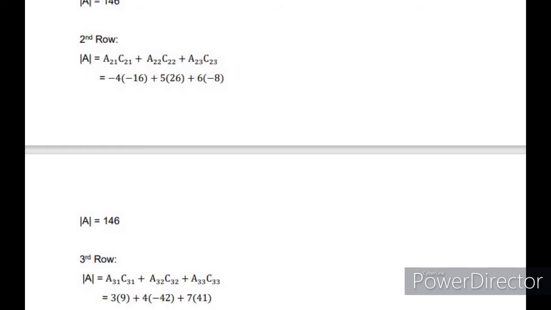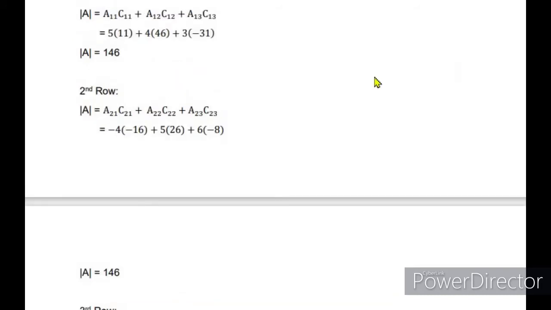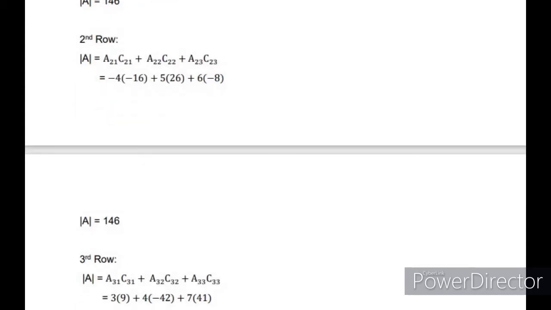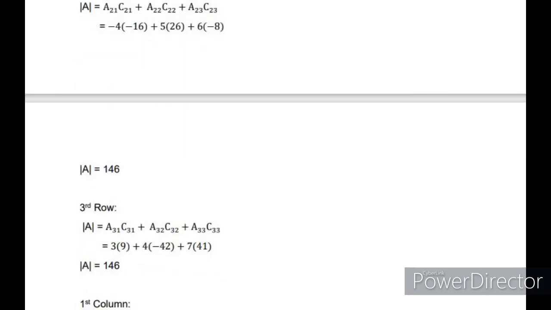Now, you notice that the value that we got from the first row reference is just the same in the second row. Okay? So, if you try to make reference to every row, the answer is the same. So, the value of the determinant is the same.